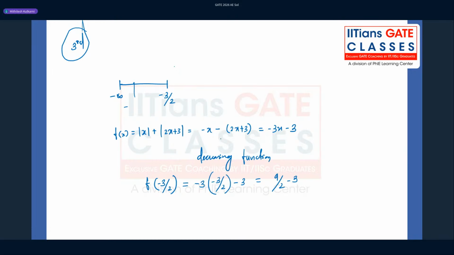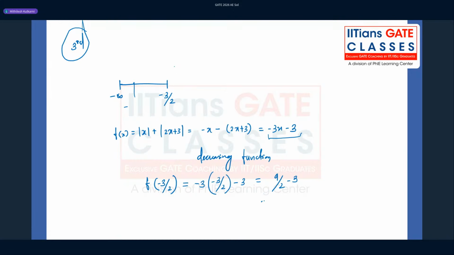Minus x into minus 2x is minus 3x, and plus 3 and minus will become minus 3. And when I put x is equal to minus 3 by 2, so minus 3 into minus 3 by 2, minus 3, that is 9 by 2 minus 3.